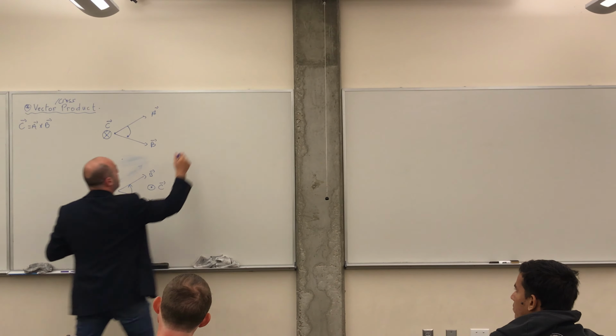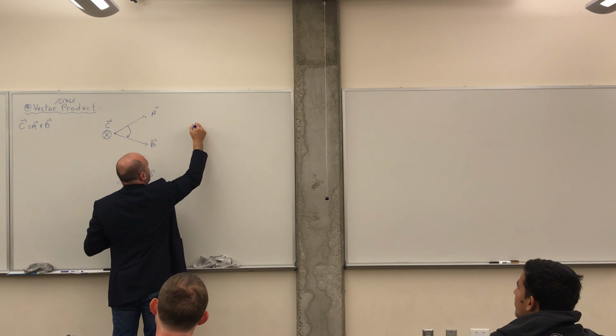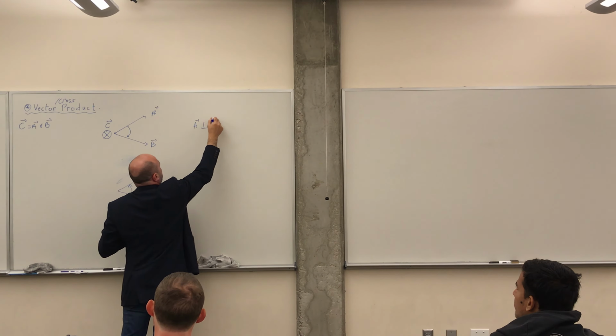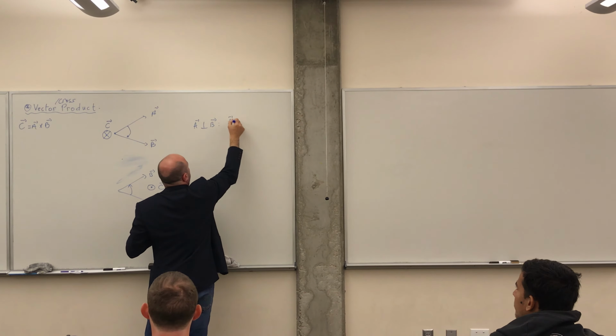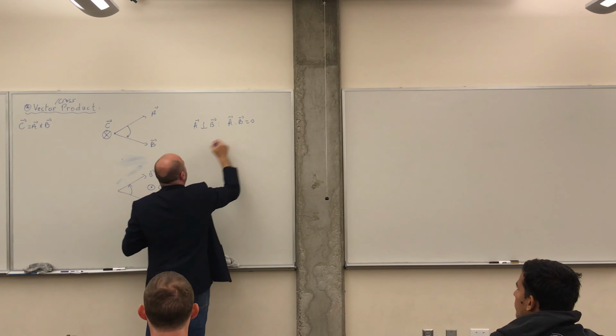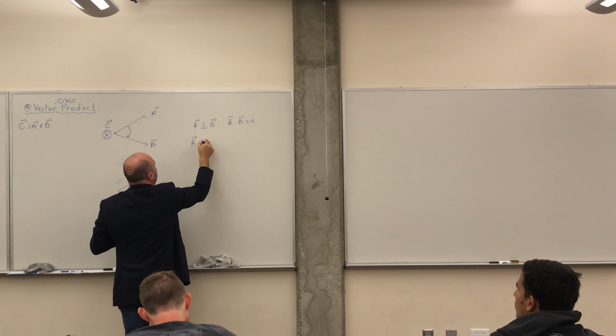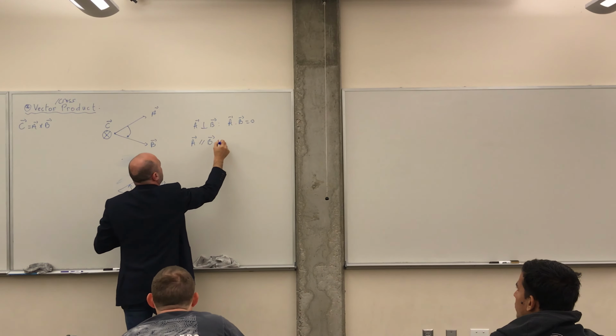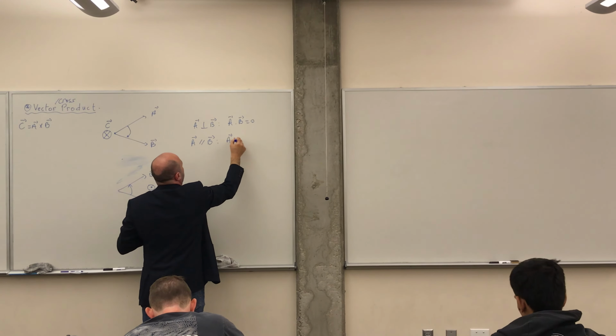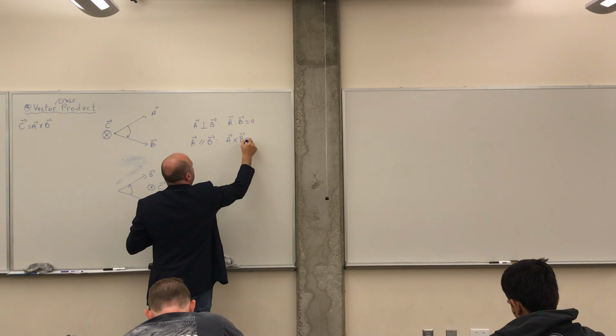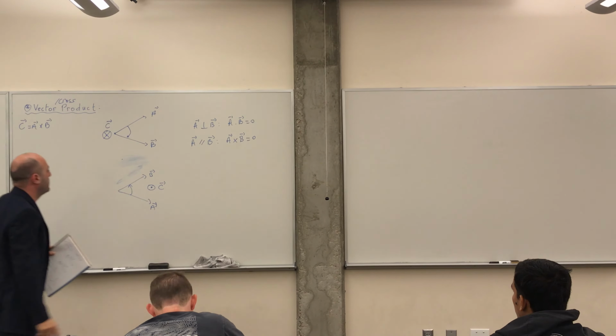When two vectors are perpendicular, if A is perpendicular to B, we said that A dot B is equal to 0. When two vectors are parallel to each other, their cross product is equal to 0.